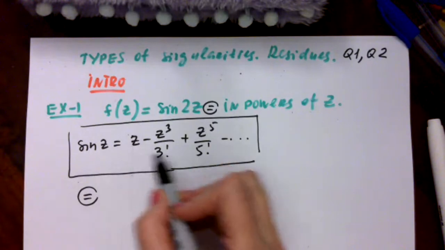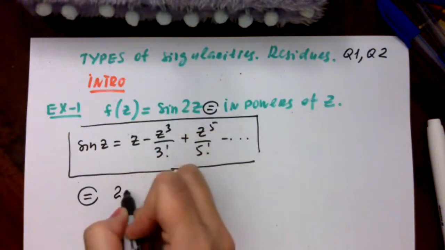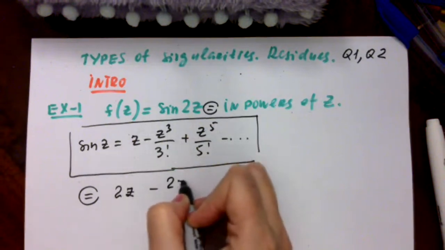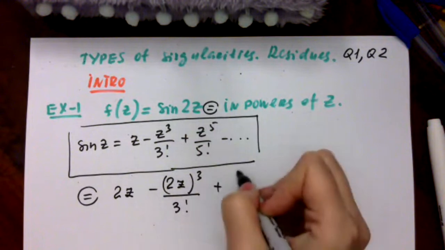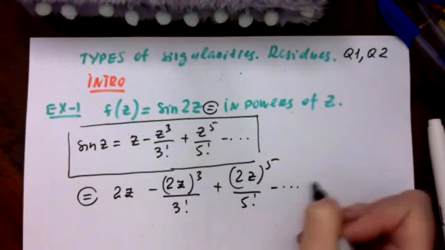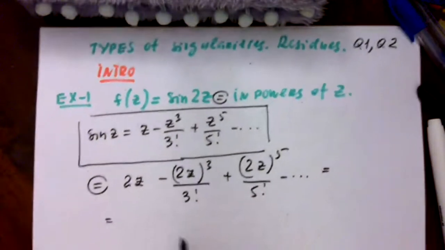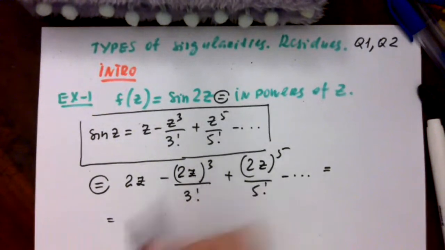Let's do this. We take this expression, and wherever I see z, here, here, and here, I'm substituting 2z. 2z minus (2z) cubed divided by 3 factorial plus (2z) to the power of 5 divided by 5 factorial and so on. Of course, it needs some simplification. We can use the famous properties of the powers, so we can separate z from 2.